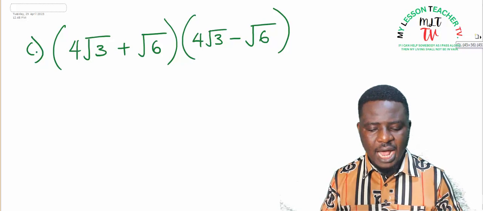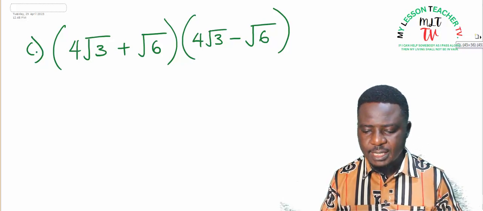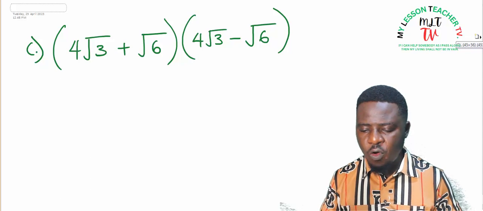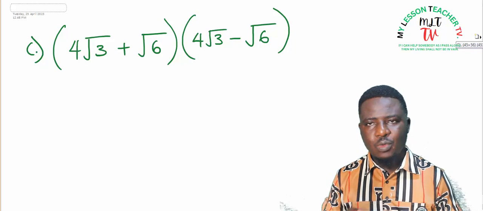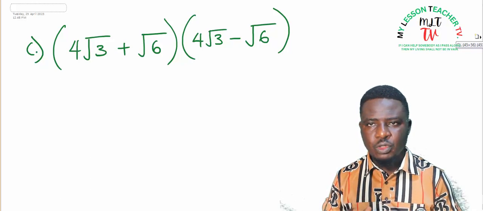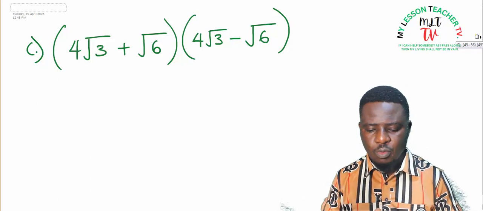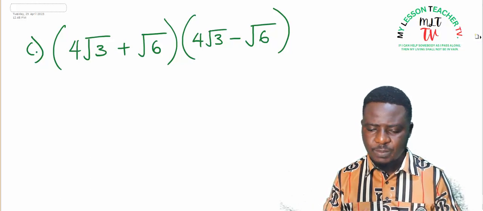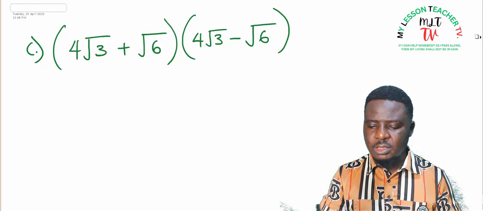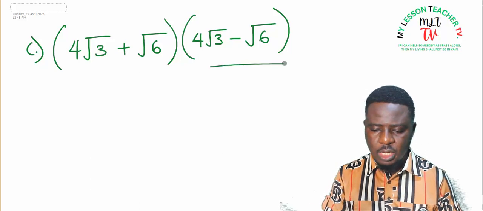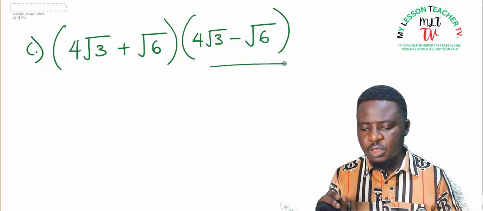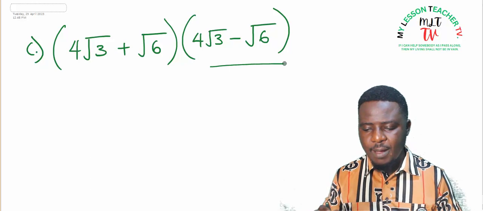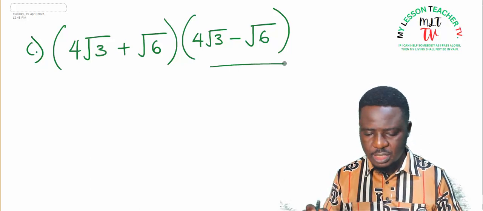C, we have bracket 4 root 3 plus root 6 to be multiplied by bracket 4 root 3 minus root 6. Just like we did in the first and second examples, we have to do same in this example by splitting any of the brackets into 2 and use them in turns to multiply. So in this example, I'm going to split the second bracket into 2, and this gives me plus 4 root 3 minus root 6.